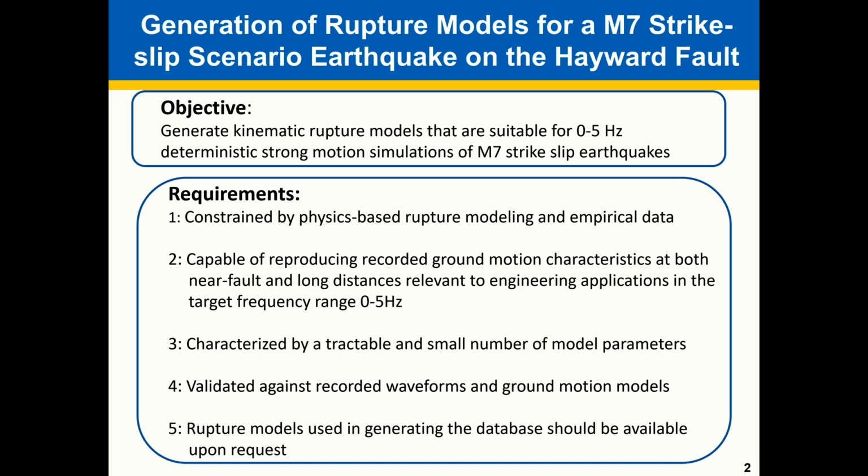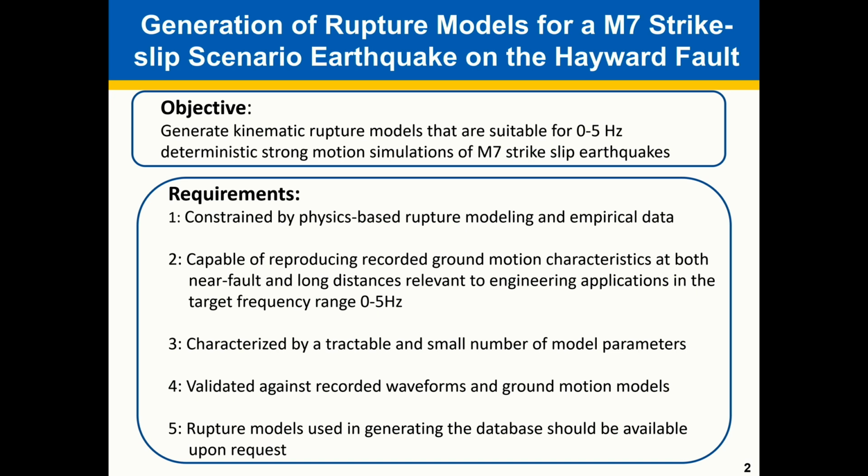So far, we have been working more in the frequency range 0 to 5 hertz, and Dave mentioned that our capability is to model even high frequencies, but we have a limited knowledge right now on the velocity models that are used to go to those high frequencies, but also some other physics that need to be included in our simulations. So first of all, we need to have rupture models that are constrained by physics.